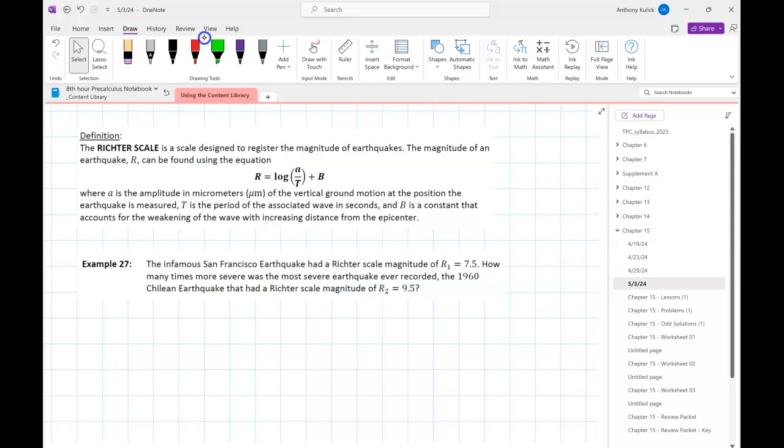The T is the period, the amount of time it takes for the plate to move and then return, just like the sines and cosines from last semester. And then the B is a correction factor.